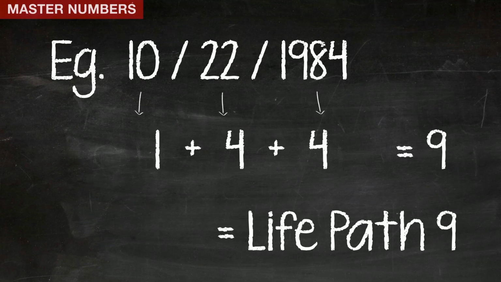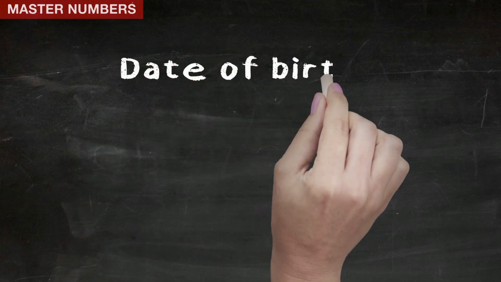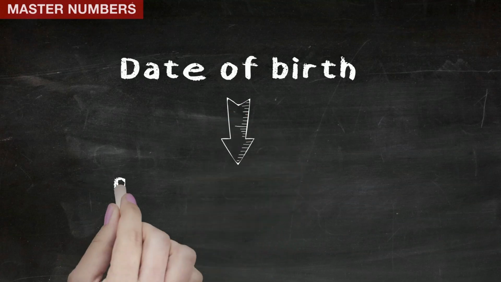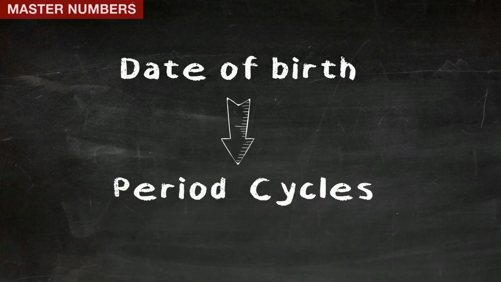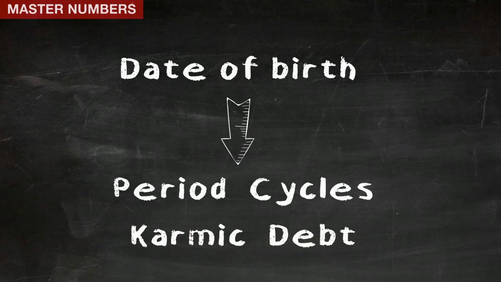This is because in the case of the birth date core numbers, the date of birth is related to the period cycles, which we will explain in another lesson, and it's important to know if any of the period cycles are a master number. Furthermore, the appearance of a master number during the process may also reveal the presence of a karmic debt number.